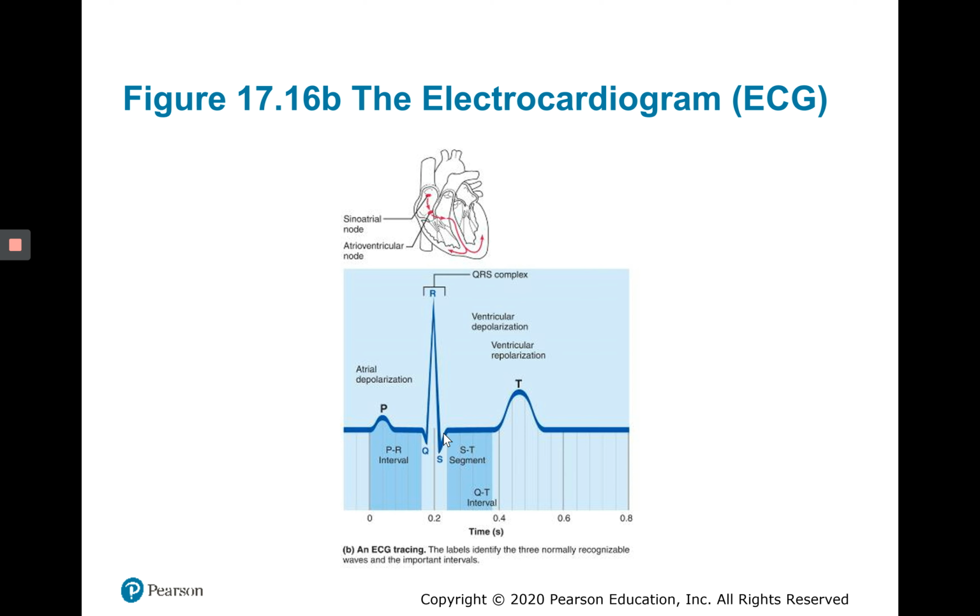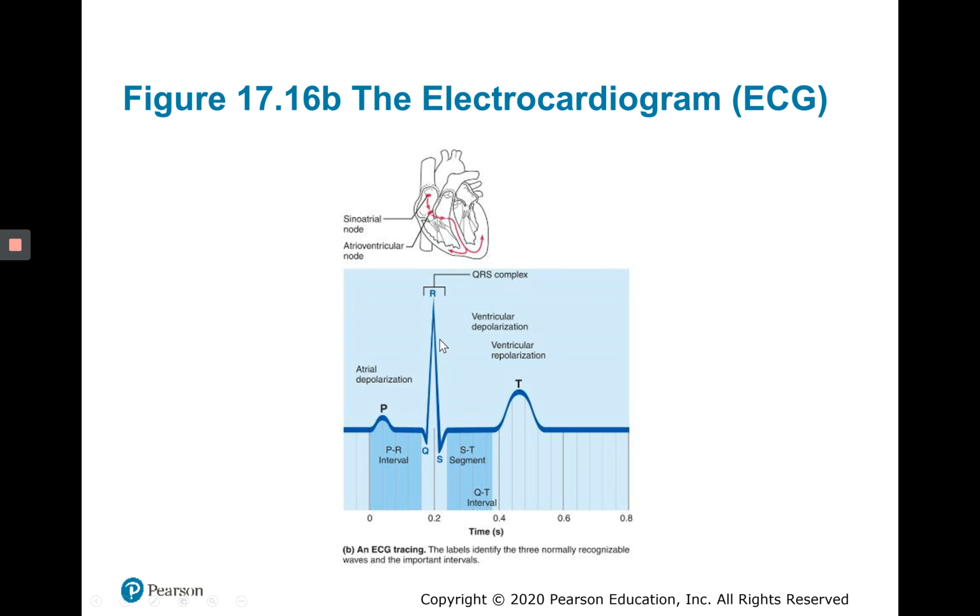Now, if we simplify that and go through this a little quicker, first let's establish the atria contract, then relax. Then the ventricles contract and relax. Two of those things overlap. When the atria are relaxing, the ventricles are contracting.